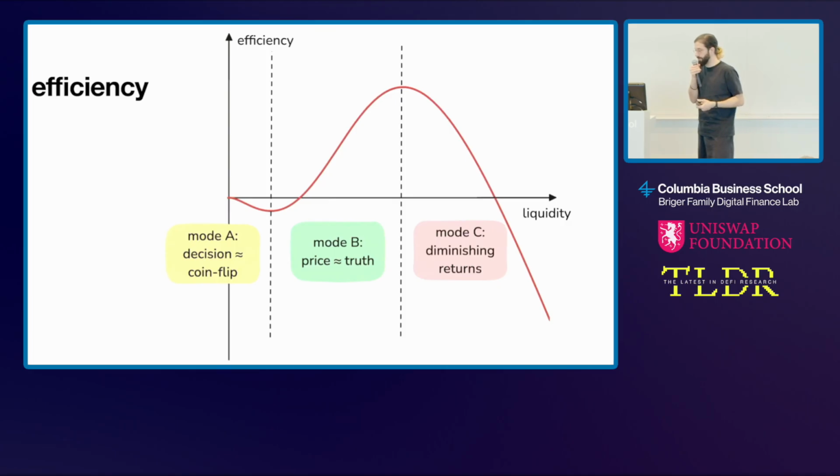So we could go much further than this. But here, you end up on an increasing curve. And then once enough traders have already input their info in the price, marginal returns are diminishing, which is the last mode.